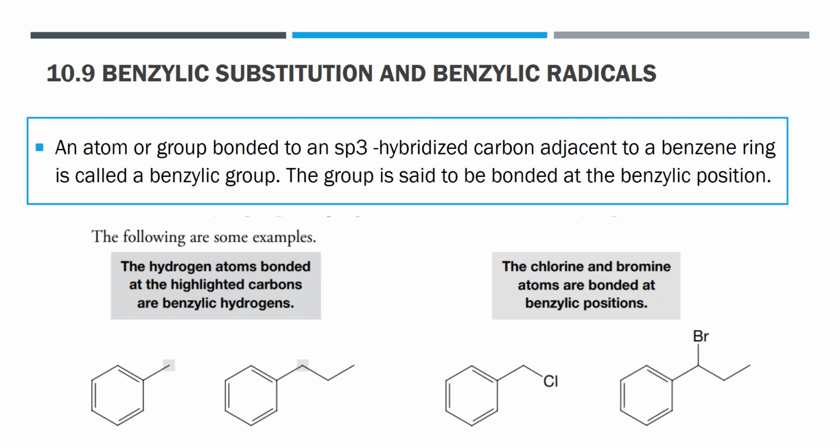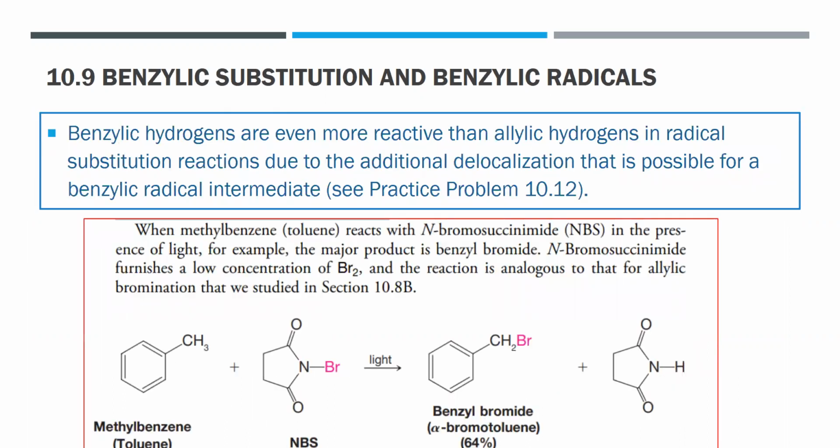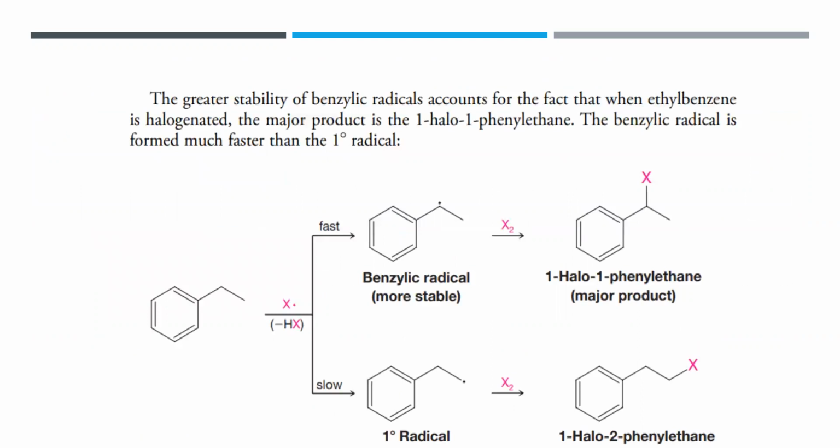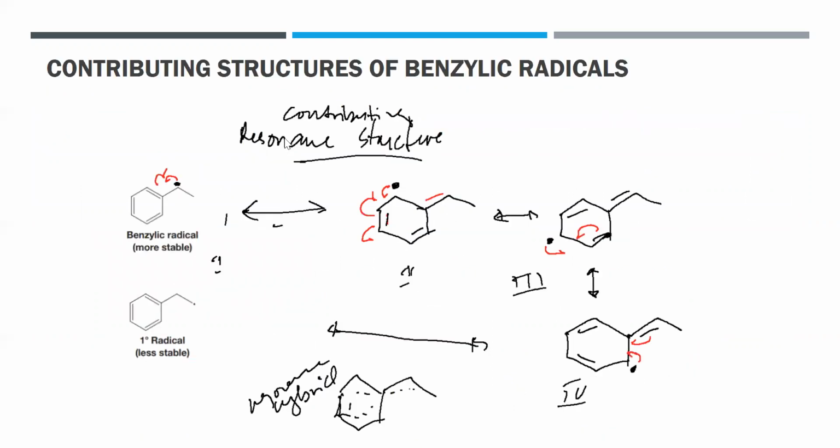If you have your radical on that position, we actually have a very stable radical, stabilized by pi electron delocalization. So for instance, you have this benzylic radical here, and we can always have this contributing resonance structure.